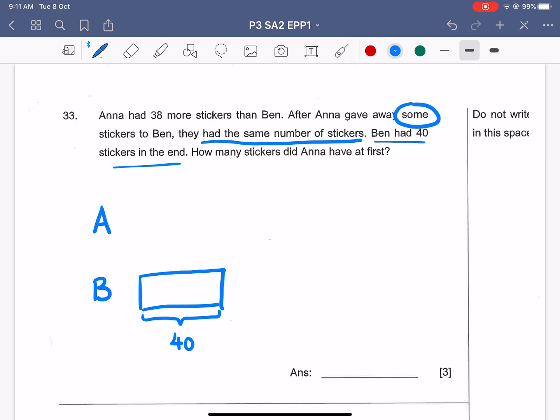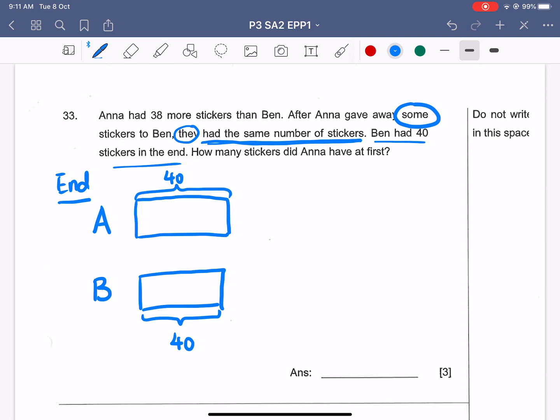Yes, you know, because they said that they, which is both of them, had the same number of stickers left. So if Ben has 40 in the end, then Anna should also have 40 in the end. Because at the end of it, okay, let me put a title here. At the end of it, both of them end up with the same number, which is 40, right?